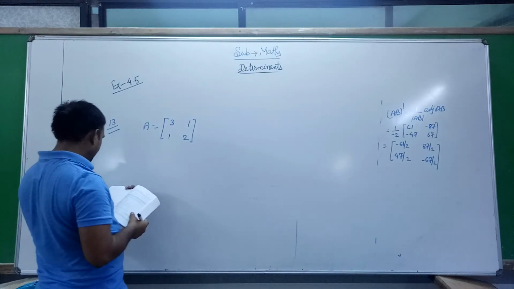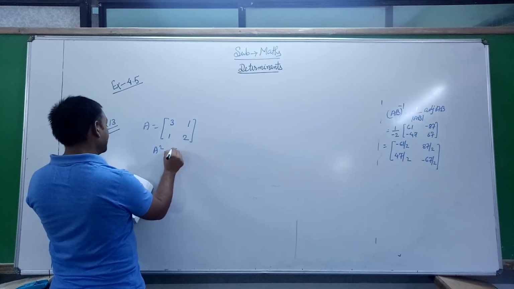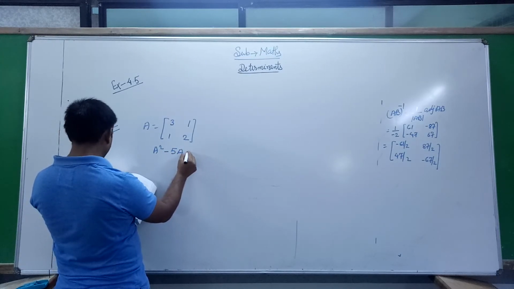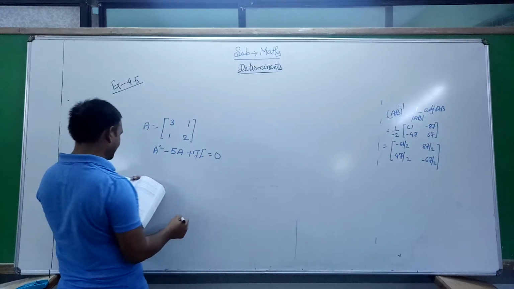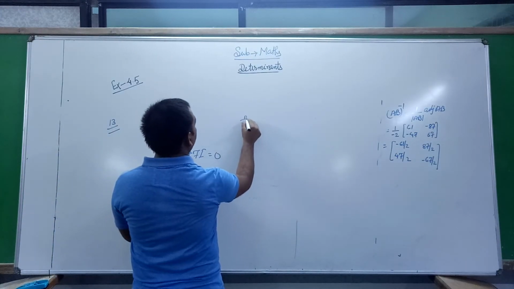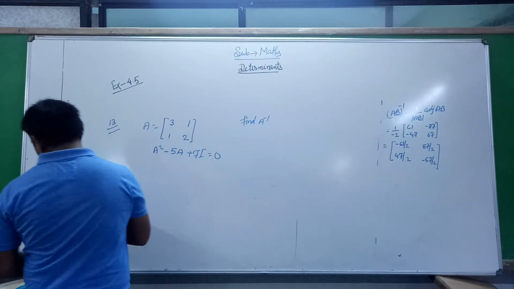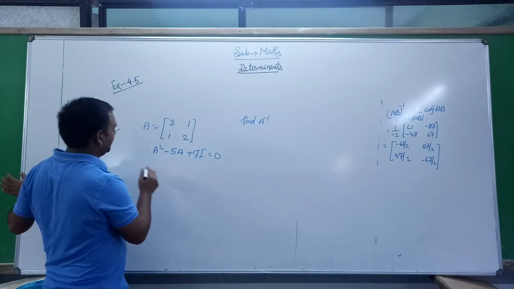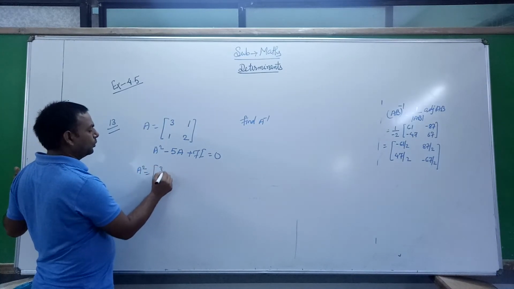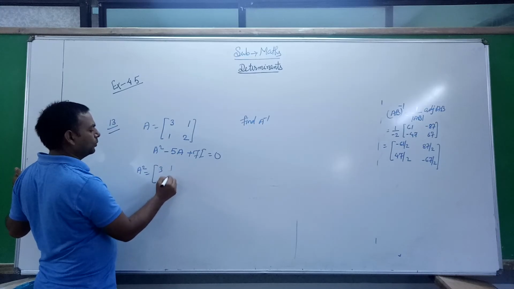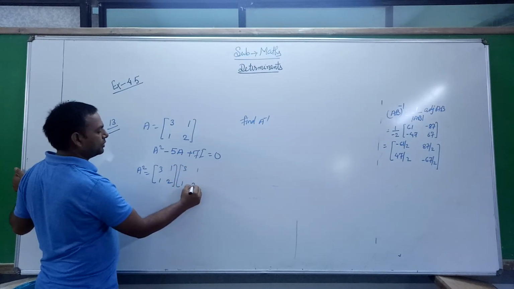Show that A square minus 5A plus 7I is equal to the zero matrix, and find A inverse also. First you find A square. What is the value of A square? That is equal to 3, 1, 1, 2 times 3, 1, 1, 2.